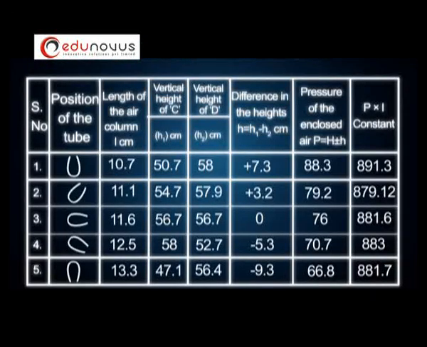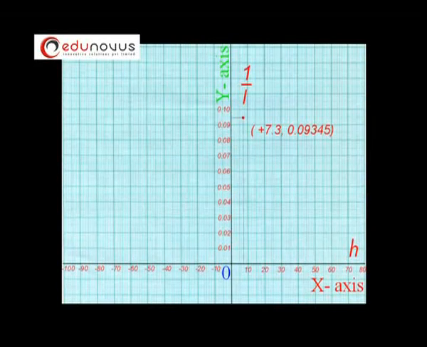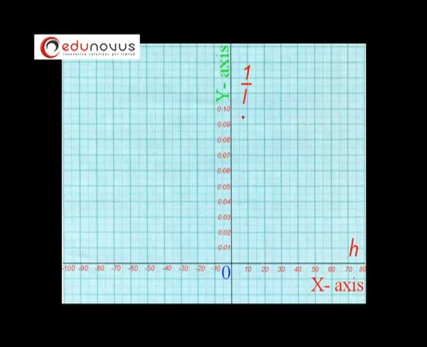Now, from the observations, for h equal to +7.3, L is equal to 10.7. Therefore, 1 by L is equal to 0.09345. Plot the point (+7.3, 0.09345) on the graph. Similarly, plot all the points on the graph.